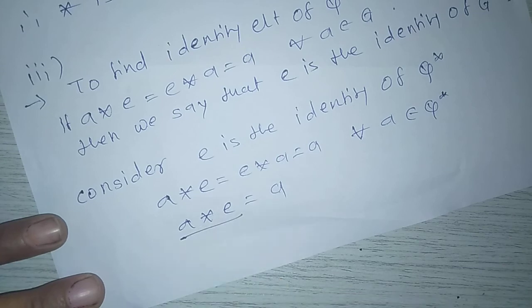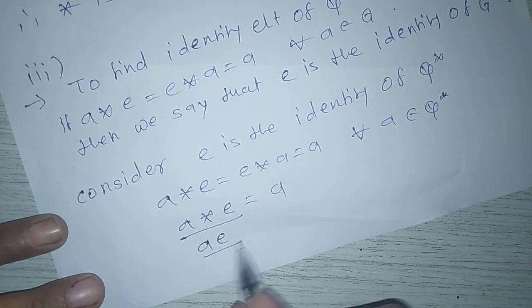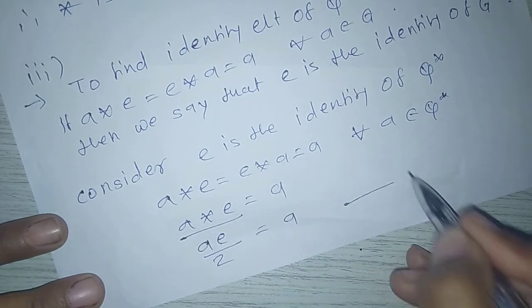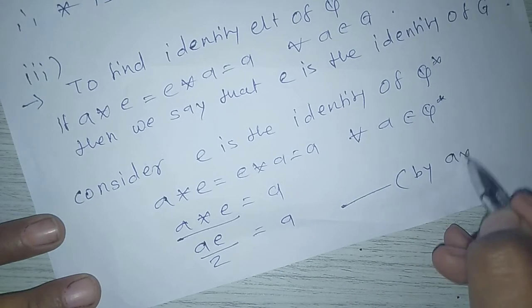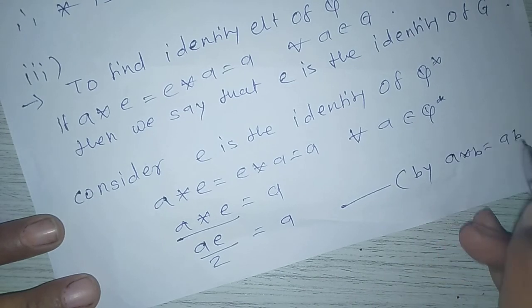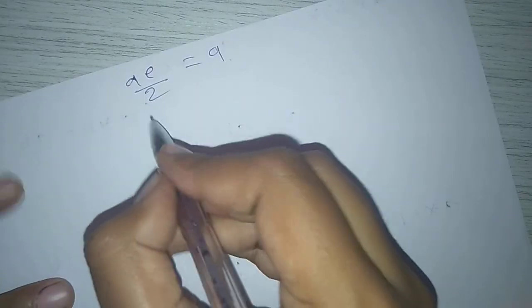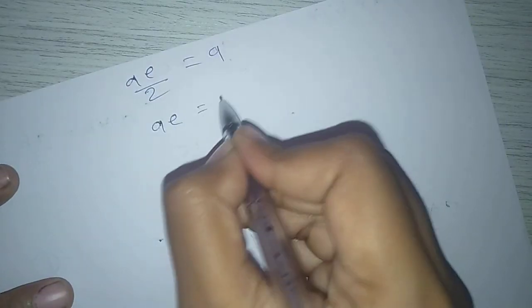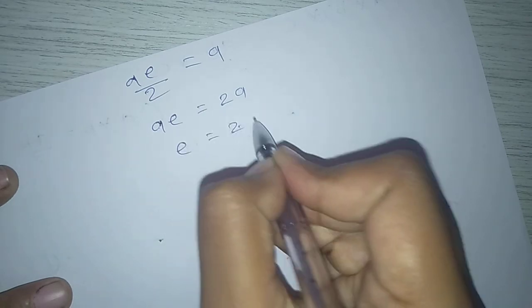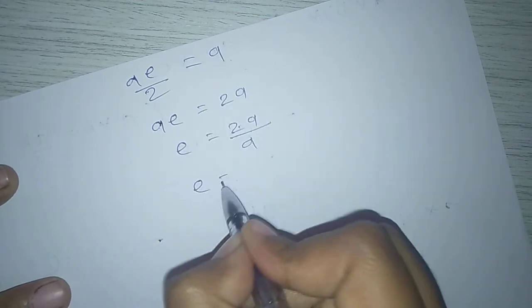A star E, by definition, is A into E upon 2, equal to A, by A star B equal to AB upon 2. Now to find the value of E. AE upon 2 equal to A means E equal to 2 into A upon A, equal to 2.